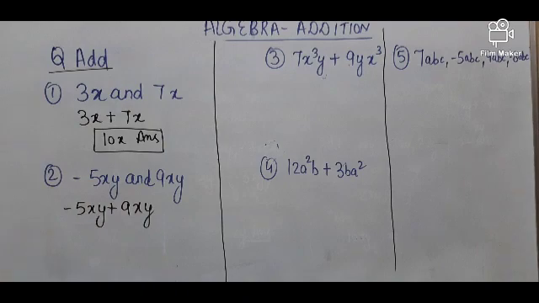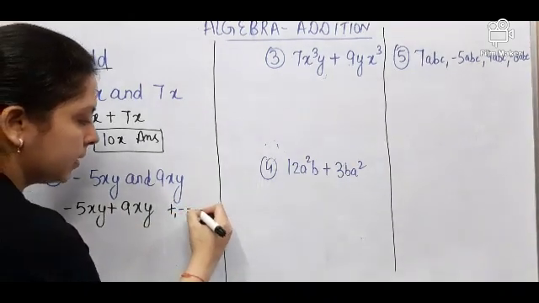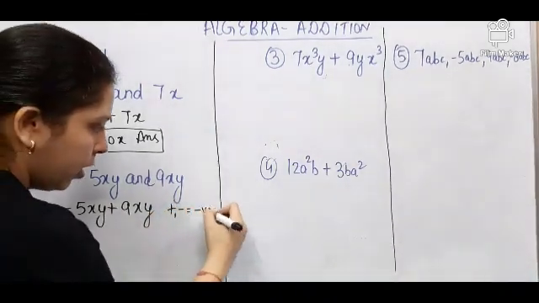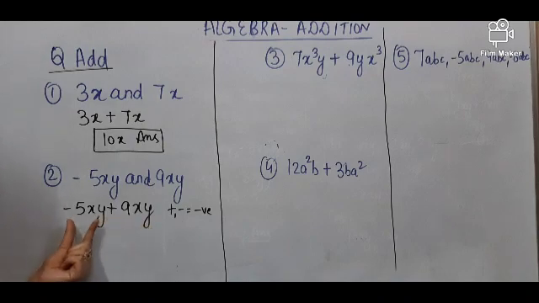There is also a rule: the result of one positive and one negative term is found by subtracting. One term is positive and one is negative, so you have to subtract this.